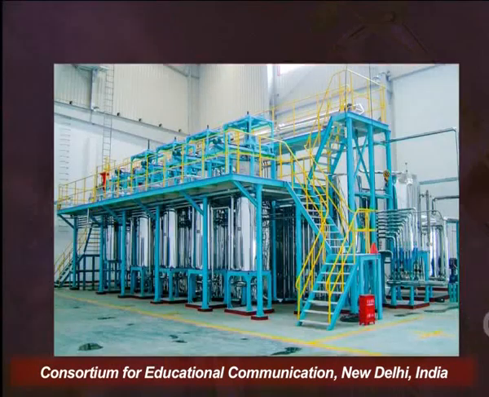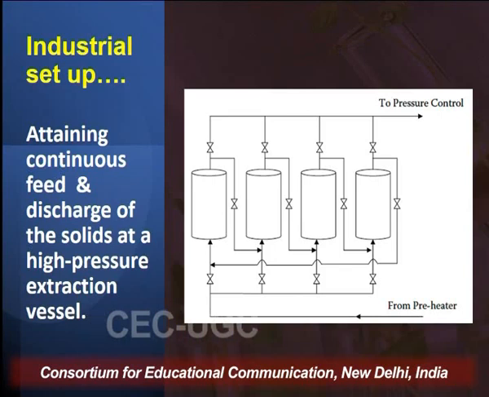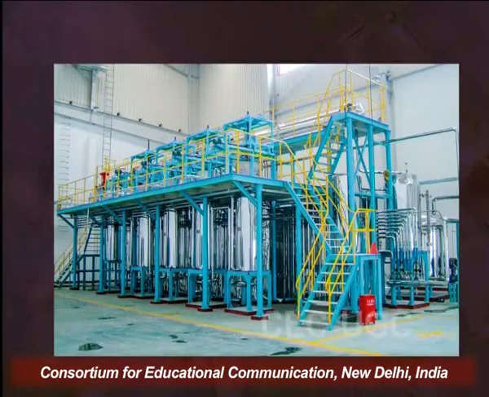In this image you can see an industrial commercial setup for a supercritical fluid extractor, wherein around 5 extraction vessels are arranged in series as we have discussed. The extraction is continued in all the 5 extractors in one go, and simultaneously the spent material is removed from the vessels, fresh material is charged in, and carbon dioxide is recirculated.